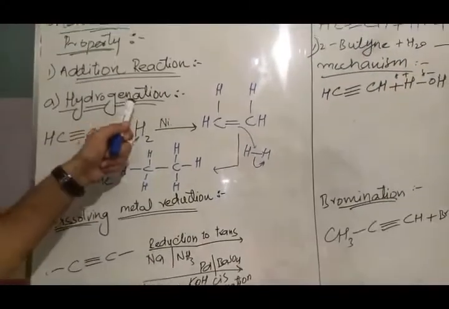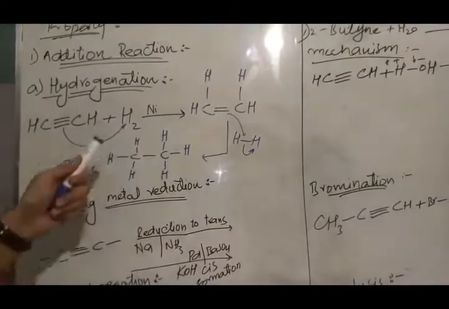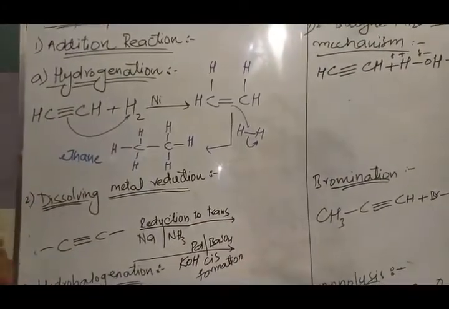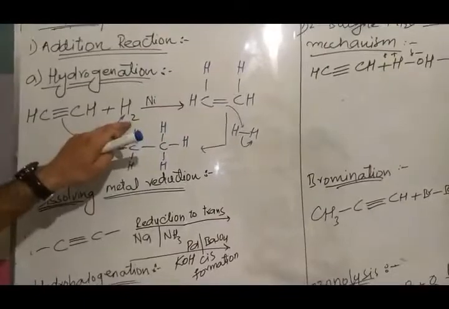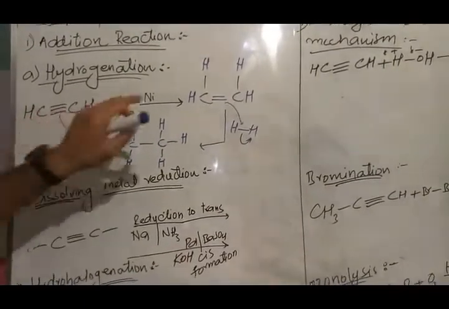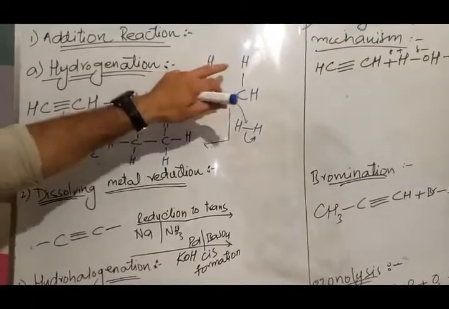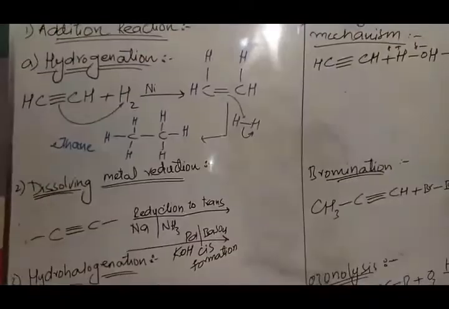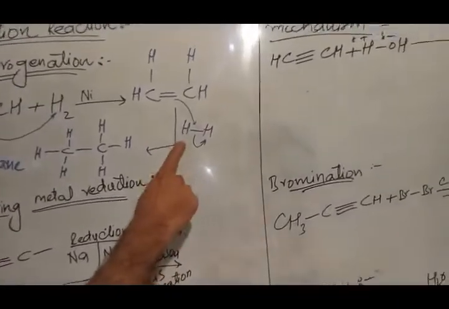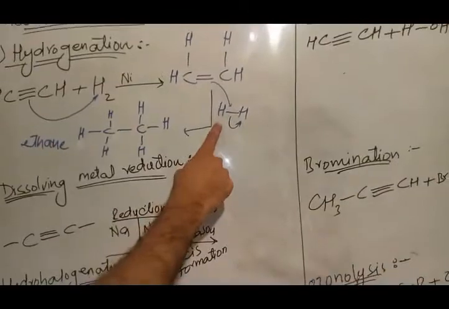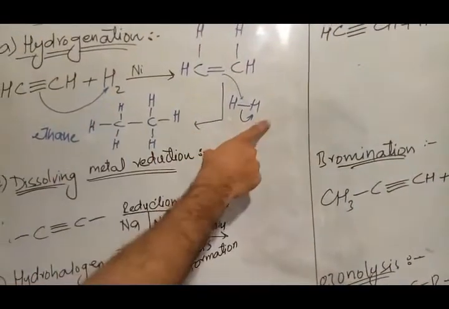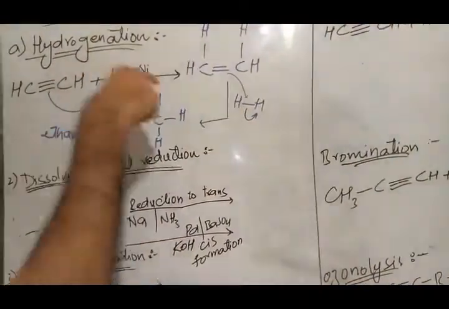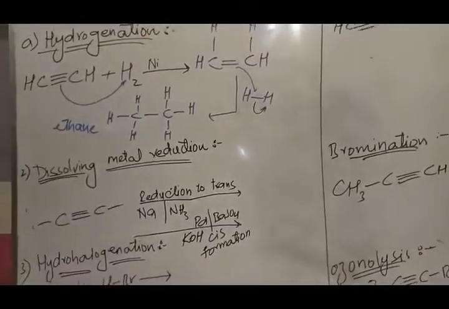This is simple hydrogenation in which we add hydrogen to our alkyne. In our first step, we add hydrogen by breaking this pi bond, one hydrogen attached at this carbon, one hydrogen attached at this carbon. Now again hydrogenation, again the pi bond will break and this hydrogen will be placed at this point, this hydrogen at this point. As a result, our final product will be ethane.